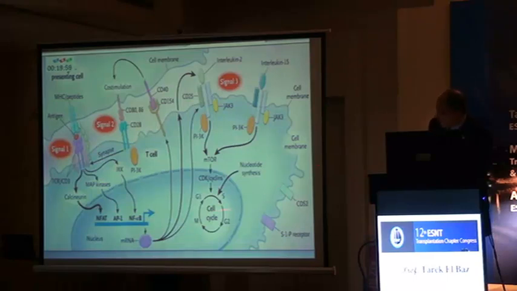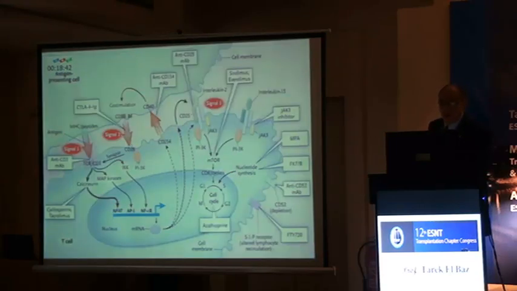And then we have here the nucleotide synthesis, which is responsible for proliferation. So these are the various sites that we know so far are related to the proliferation of the T cells once it realizes that this is a foreign antigen.